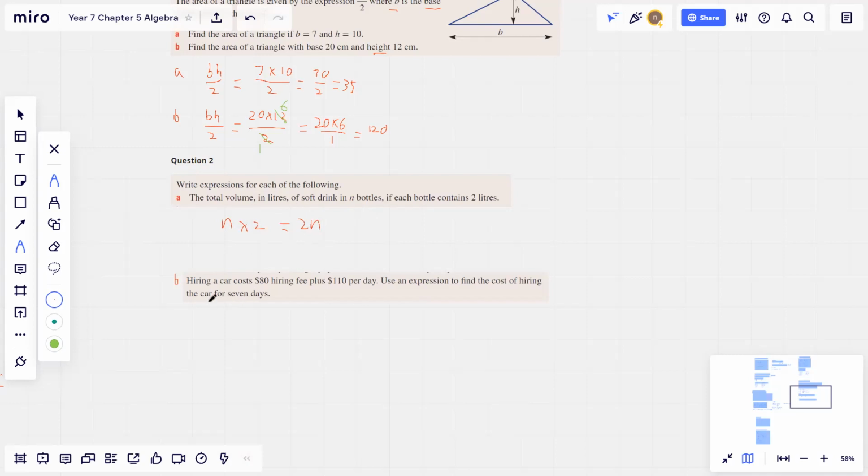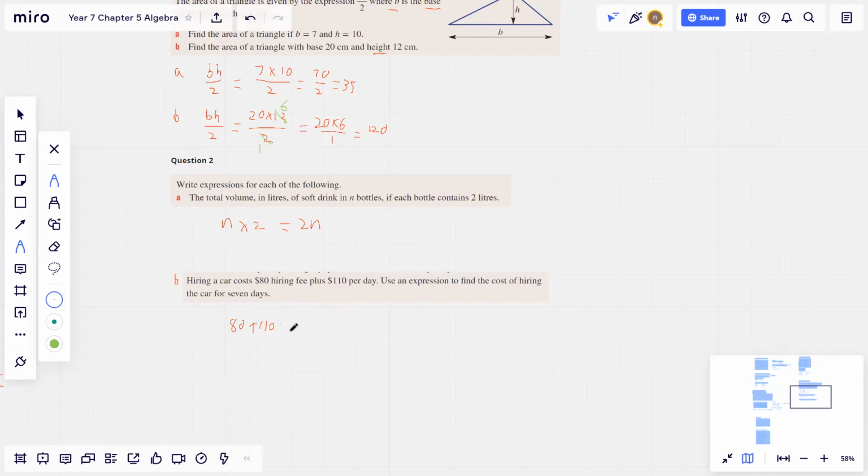For the second question, we know hiring a car costs an $80 hiring fee plus $110 per day. What does it mean? If you hire the car for 1 day, you always pay $80 because that's the hiring fee, plus $110.